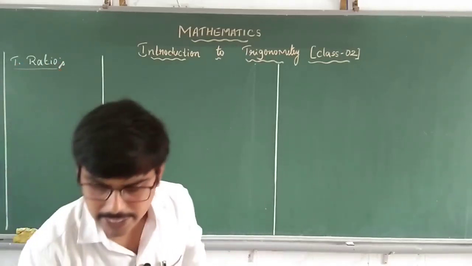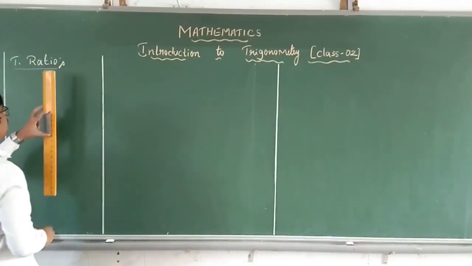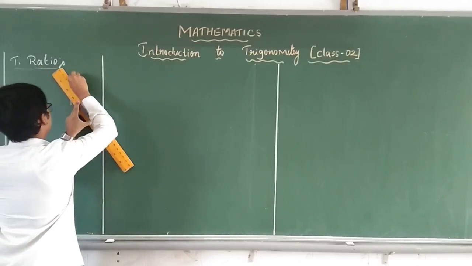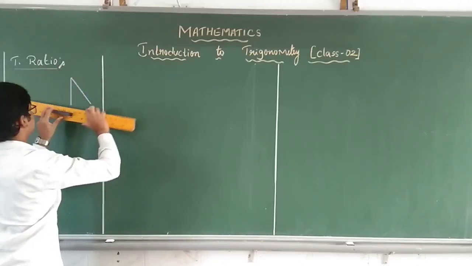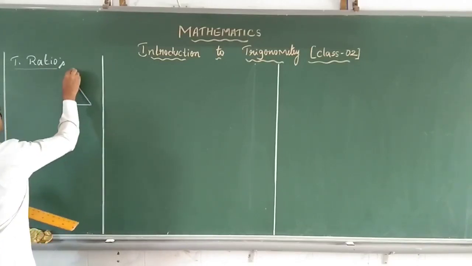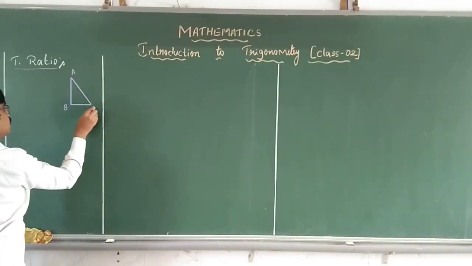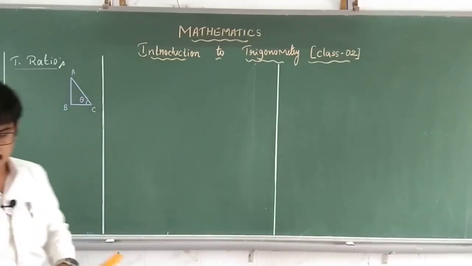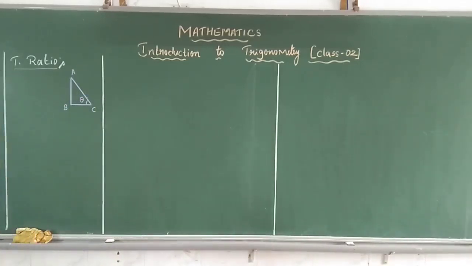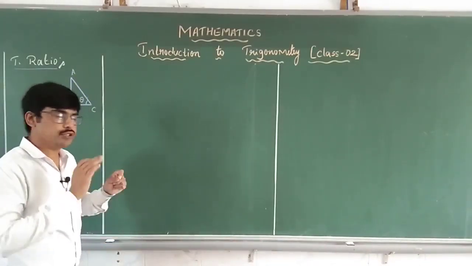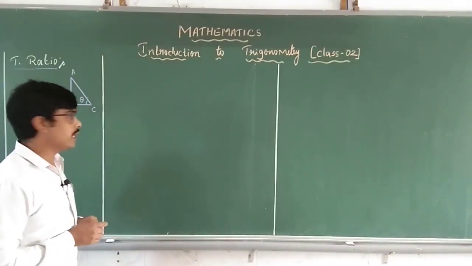For that, let me take a right angle triangle ABC, right angled at B. Right. Now we will define all the 6 different T ratios to this acute angle theta.